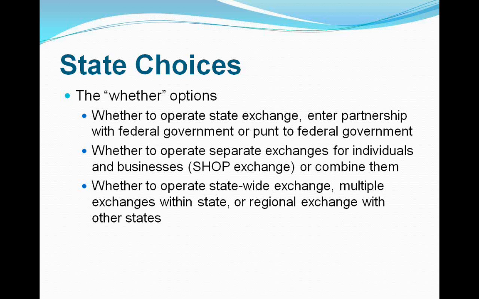They must decide whether to operate separate exchanges for individuals and businesses, which is known as the SHOP exchange, or to combine them, and whether to operate a statewide exchange, multiple exchanges within the state, for example a downstate versus an upstate exchange, or a regional exchange with other states.